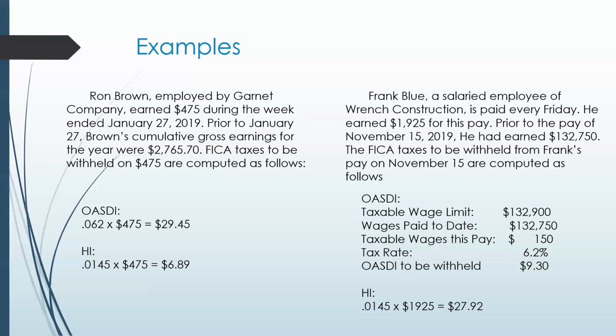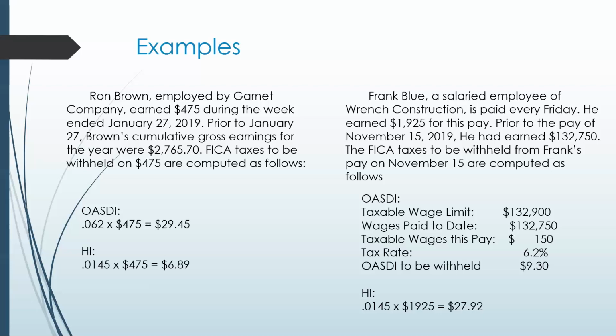And again, the one thing I caution you about, and I talked about this last week as well, when you're doing these calculations, look at the reasonableness of what you're doing. If you've got a person that makes $475 a week for their paycheck, and you end up having $290 of OASDI deduction, obviously there's something wrong with your calculation because you're not going to have that much of a deduction come out of your check.